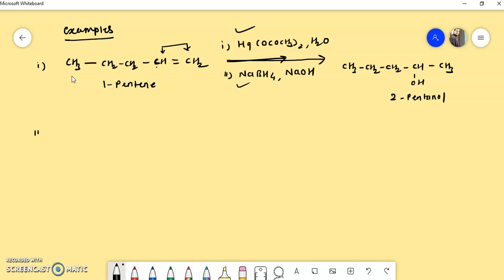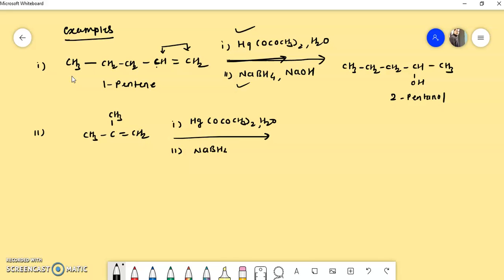Now we'll take another example. Suppose CH3 C CH3 double bond CH2. Again we can take the same conditions, Hg(OAc)2 two times and then H2O, and second NaBH4 and some base, say NaOH.